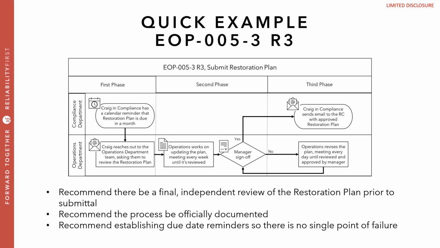In their minds, following these recommendations will help ensure that the restoration plan is reviewed and submitted on a timely basis, and in the event that the primary responsible party is unavailable, for example, Craig in compliance wins the lottery, an elimination of a single point of failure. And we will take that back and make further improvements.